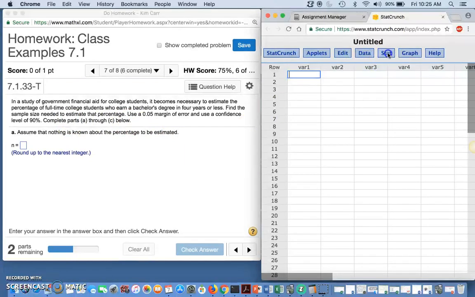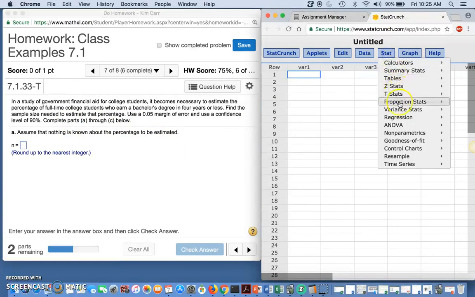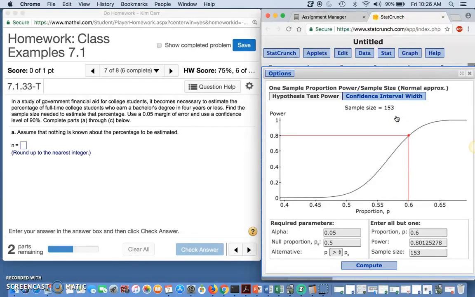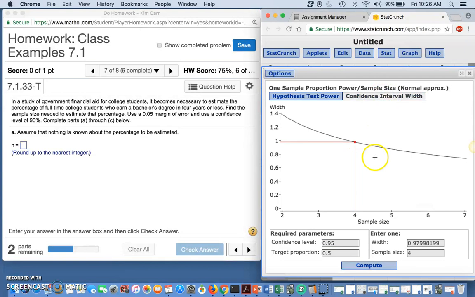So we go to Stat. We want to go to Proportion Stats. We do have just one sample, but we want to go to Power or Sample Size here. Your alpha, what is your alpha? If it's 90%, your alpha, we want confidence interval with width. That's what you want. Your confidence level here is 90.